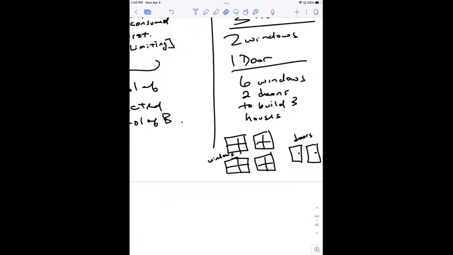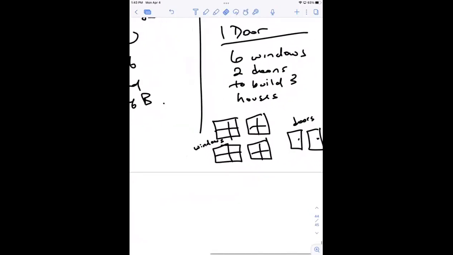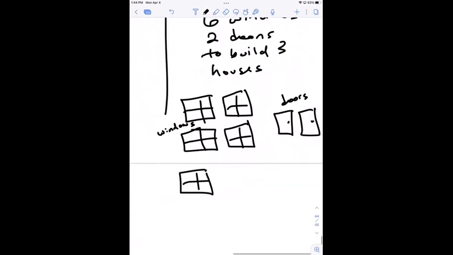Let me make this make more sense. Let's say you have 5 windows and 2 doors.